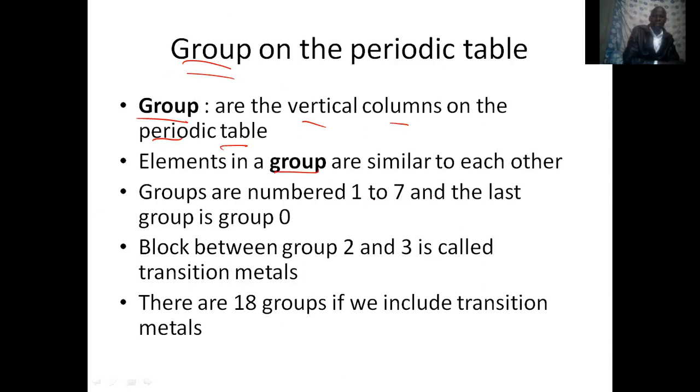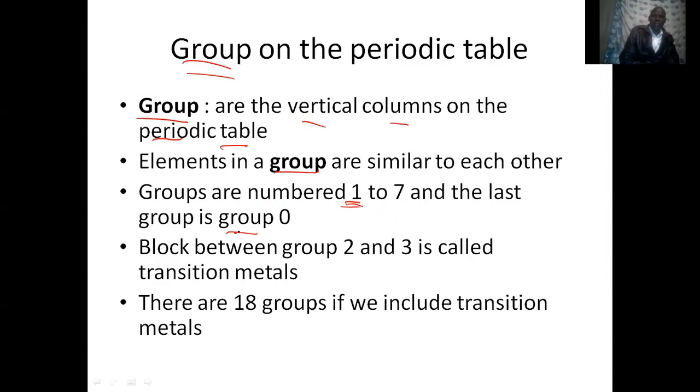Why? Because in each group, the elements have the same number of electrons in the outermost shell, meaning that if they lose one electron, it is the one in the outermost shell that will be lost.